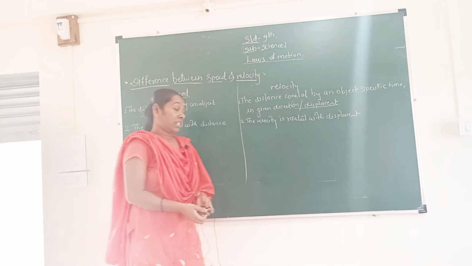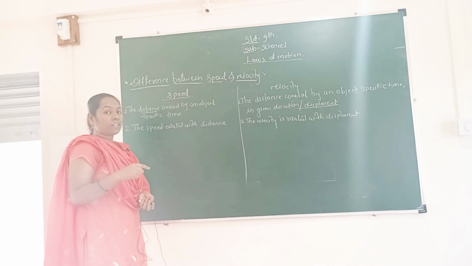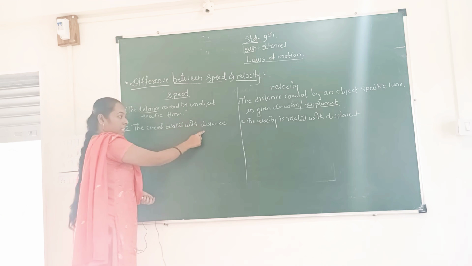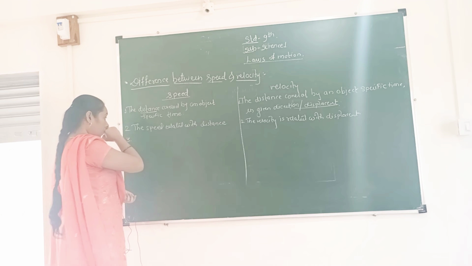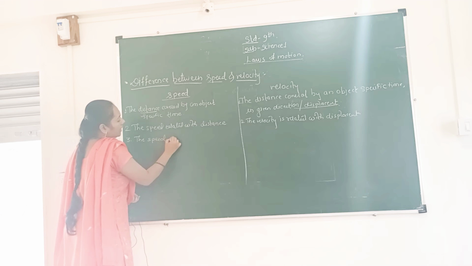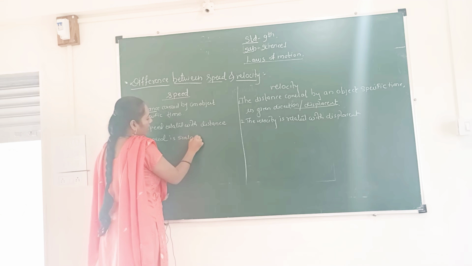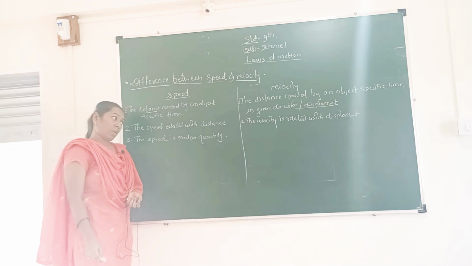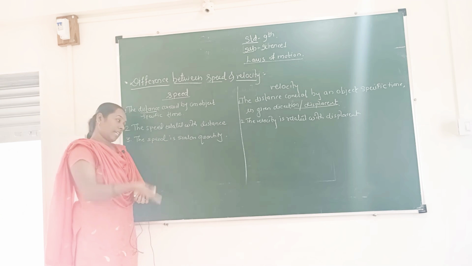What is distance? Distance is the length of the actual path followed by an object when it is moving. If the speed is related with the distance, then in point number 3 we can write that speed is a scalar quantity. Why scalar quantity? Because it is related with the distance and distance is a scalar quantity.